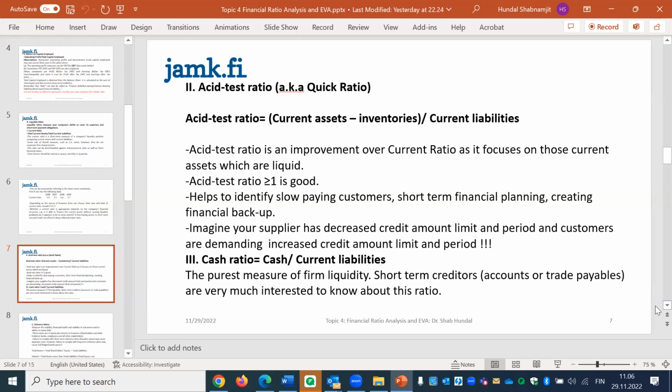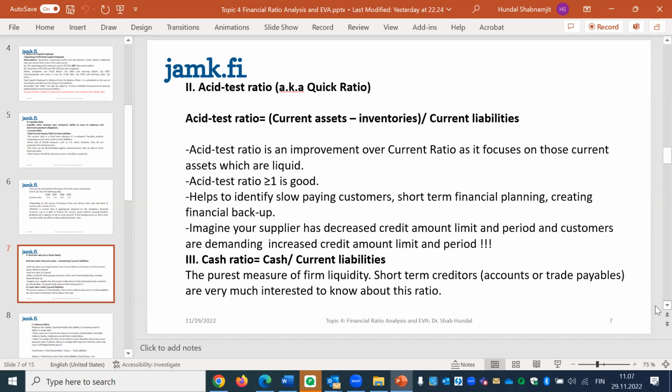But not all current assets are so liquid either. For example, one current asset is inventory: the raw material, semi-processed goods, finished goods that are not fully finalized. If you want cash, it's very difficult to convert them to cash, because who will buy your raw material? Who will buy your semi-processed goods?